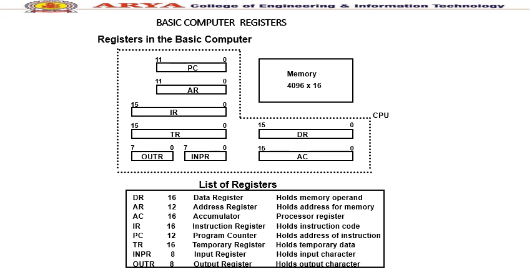These are the basic computer registers: PC, AR, IR, TR, input register, output register, DR, accumulator.